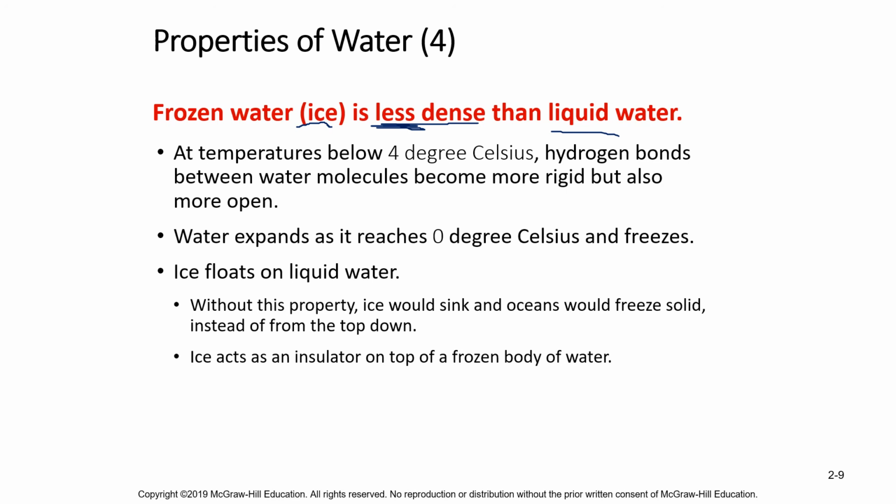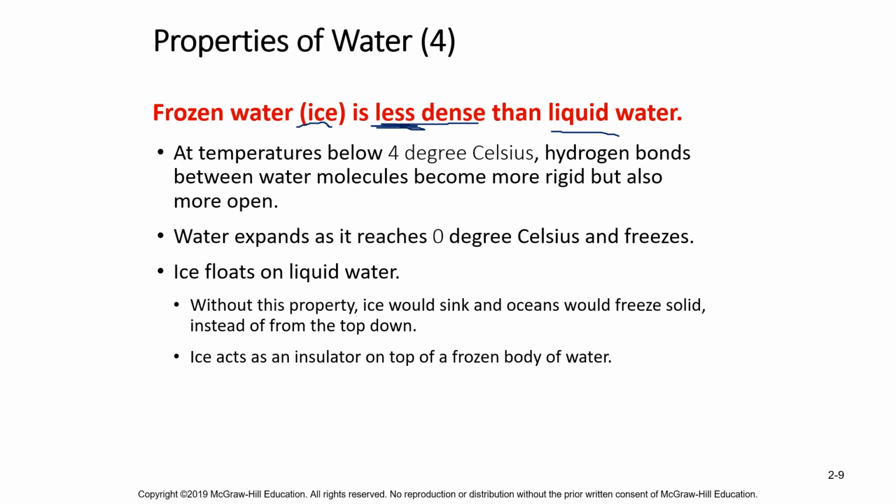Most things, when you convert them to a solid, they become more dense, but water actually becomes less dense. And that means that ice floats. So if you look at lakes or streams, those bodies of water will freeze from the top down.